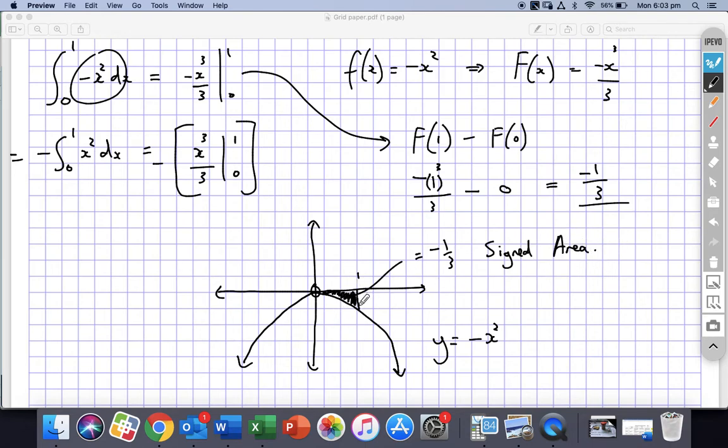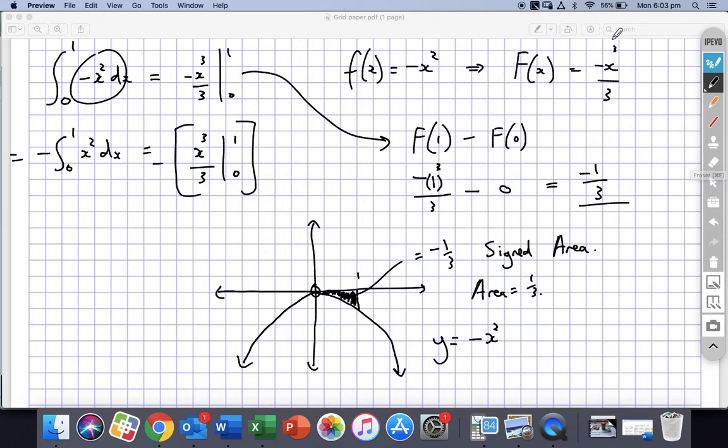It doesn't really make sense to talk about negative areas, does it? It's like talking about negative lengths and widths. So you could say that the area is a third, but the integral is giving me this negative value, which is fine, it's what we would expect.